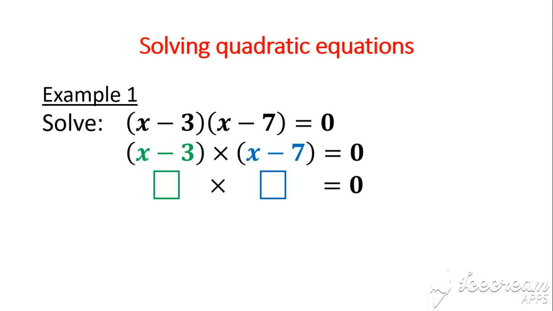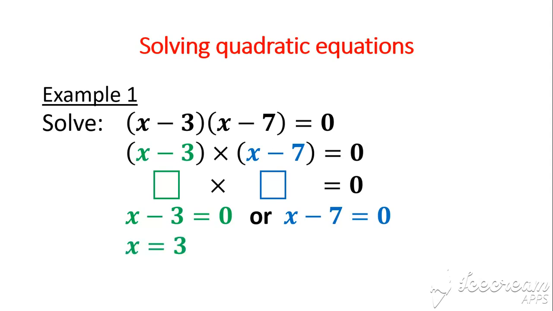So we're basically looking to see what will make x minus 3 equal to 0 or x minus 7 equal to 0. Now let's look at the x minus 3 equal to 0. The number would be 3, because 3 minus 3 would make it 0. So if I put x equal to 3, 3 minus 3 would make the first bracket 0.